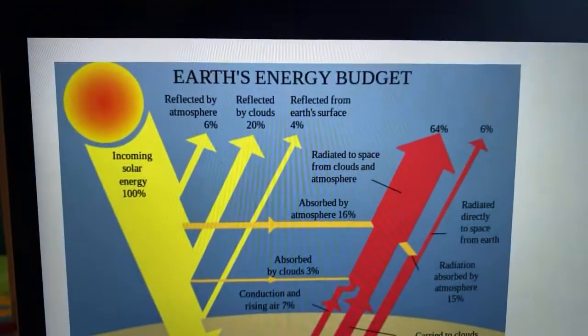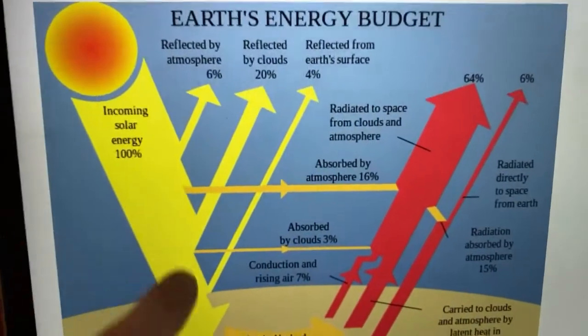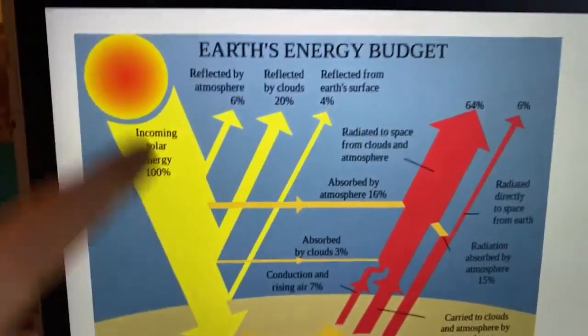And this balance of how much radiation gets absorbed and reflected and emitted is incredibly important for keeping Earth's temperature more or less constant. I've put in my printout a diagram which is ludicrously more complicated than you would ever need, but I could show you it for free. So here we go. Here's the incoming solar energy, so that's just 100% of the infrared radiation that comes to Earth.